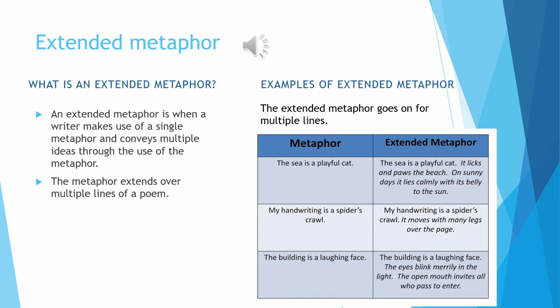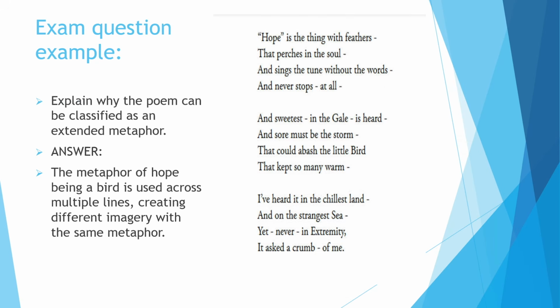It's still behaving like a metaphor, doing exactly the same job. It's just doing it over a few lines. It's creating a little bit more depth. It creates more ideas, but just remember that the key idea is that it remains one metaphor, and the same metaphor is extending itself over multiple lines to create more depth and more understanding, enhancing the imagery overall.